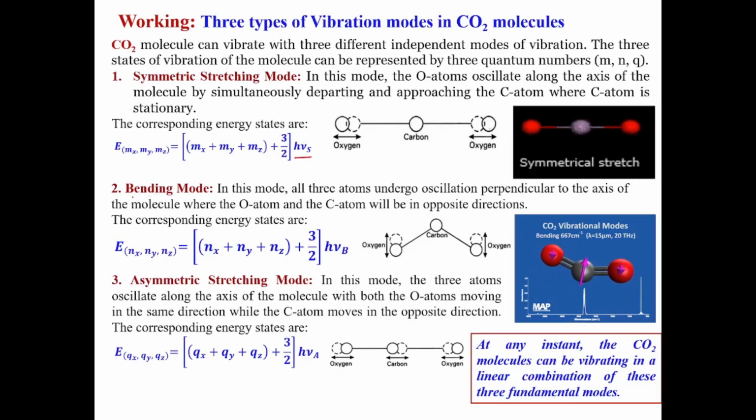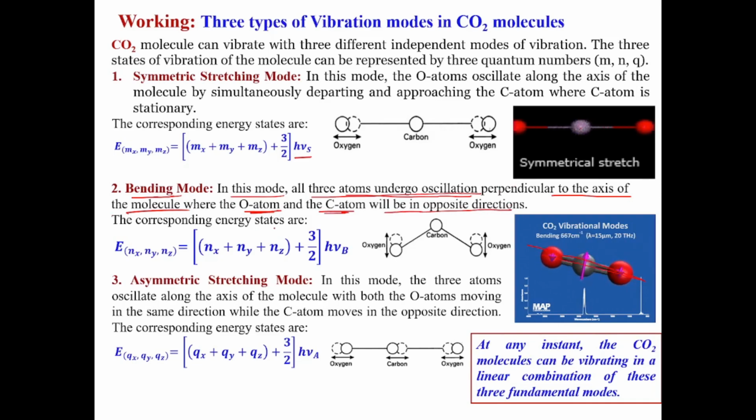Now we are going to consider the bending mode. In this mode, all three atoms undergo oscillation perpendicular to the axis of the molecule. So this is the axis of the molecule, right? The three atoms oscillate perpendicular to the axis, where the oxygen and carbon atoms move in opposite directions.